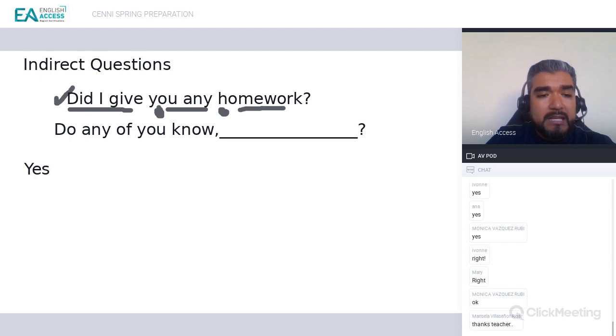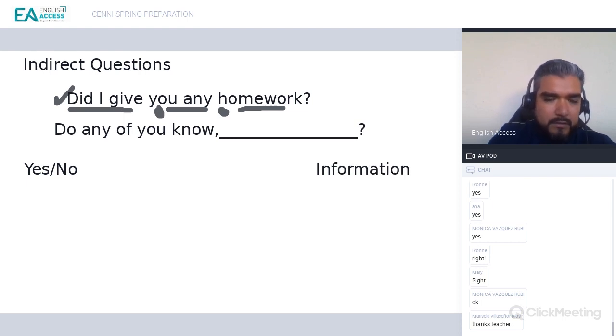We have yes, no questions, and we also have information questions, right? So we have yes, no questions, and we have information questions. For example, did I give you any homework? What is it? Is it yes, no, or is it an information question?